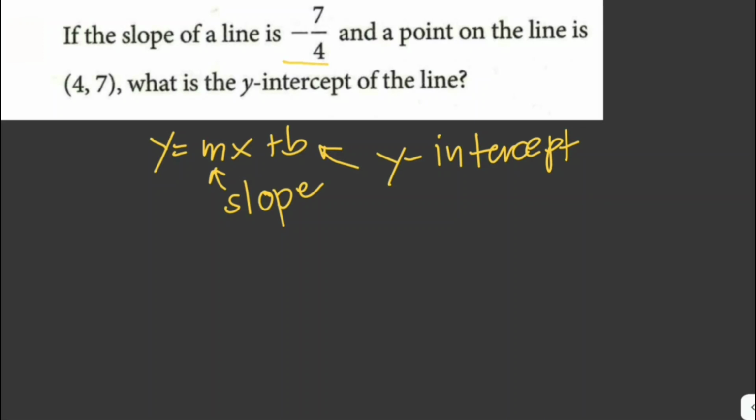So we're given the slope, which is equal to negative 7/4, and a point on the line. So we just have to find the y-intercept, which is the b.